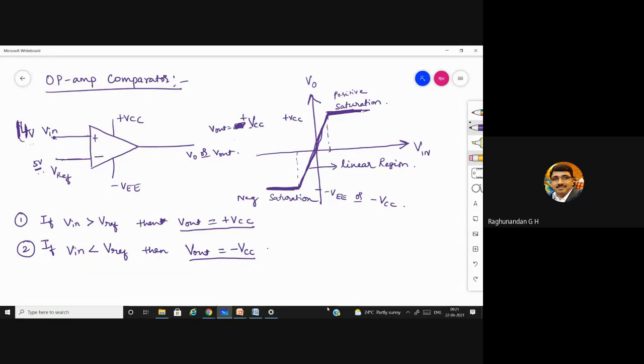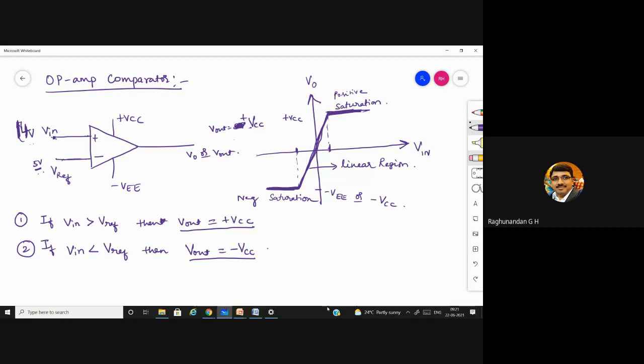But when it crosses some threshold, after that it will become constant. In a simple way, it is just going to tell which is the largest among the two. If you get plus VCC at the output, then we should understand that input is greater.